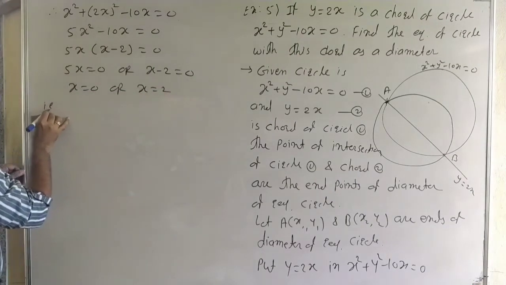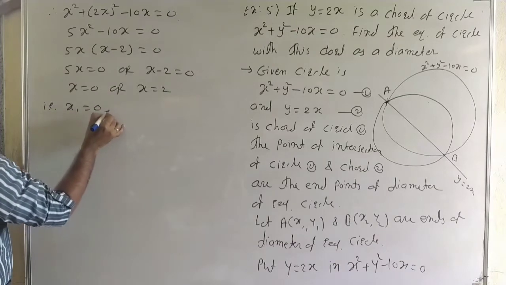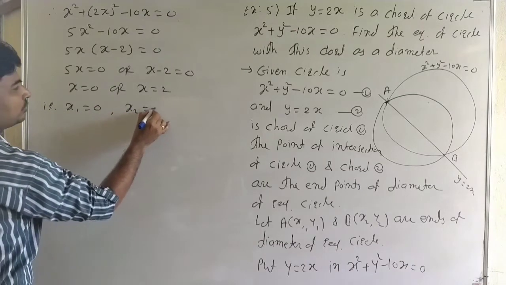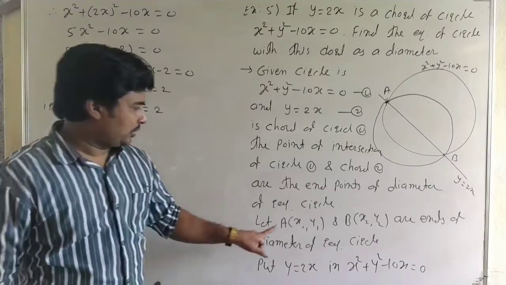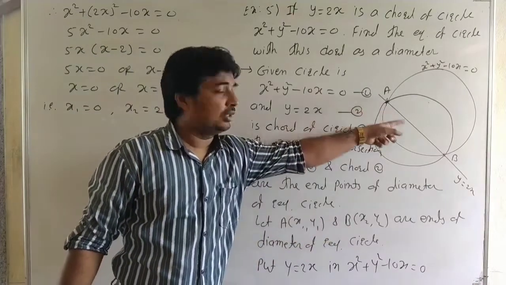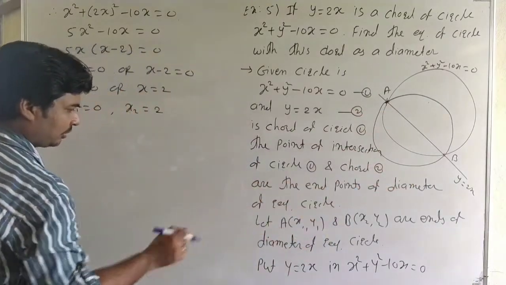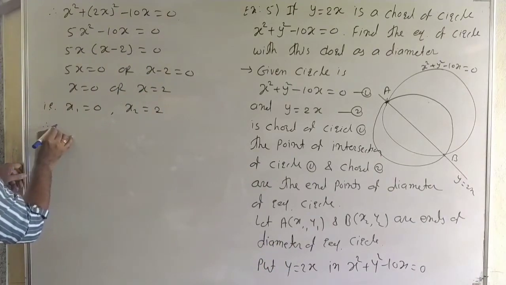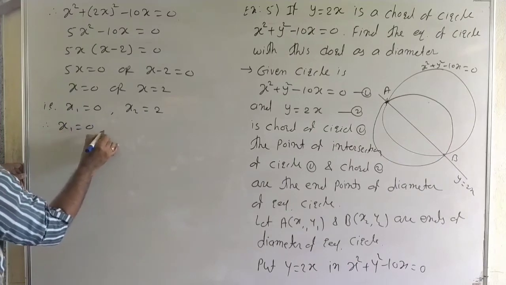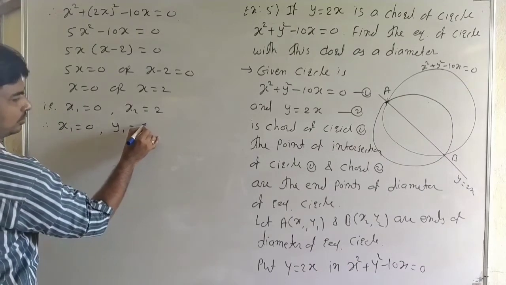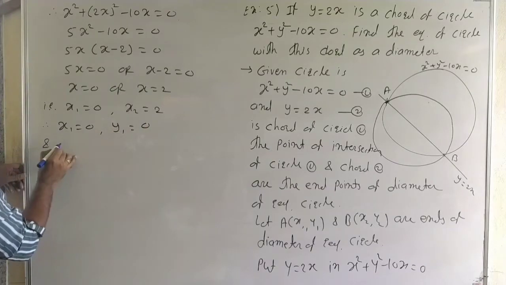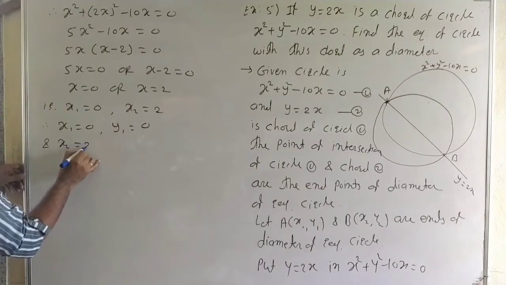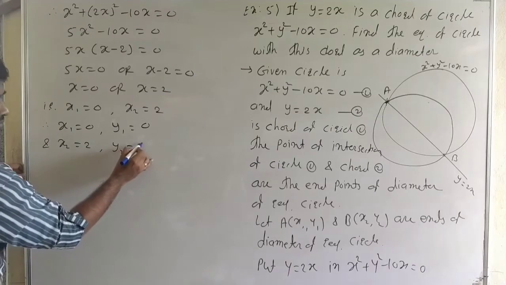That is, x1 is equal to 0 and x2 is equal to 2. Now, we get the x coordinate of both the points. Now, find the y coordinate by using y is equal to 2x here. And therefore, if x1 is equal to 0, y1 is equal to 0, and x2 is equal to 2, then y2 is equal to 4.